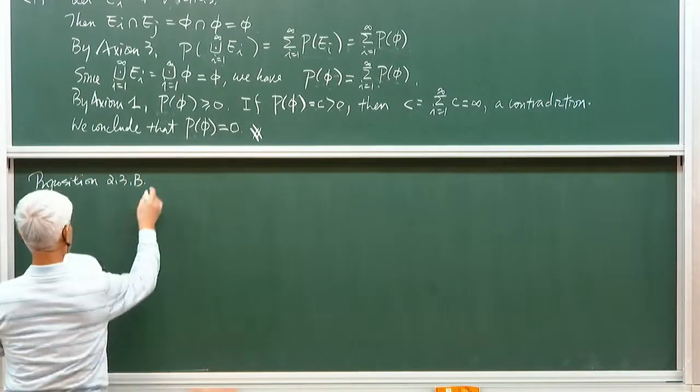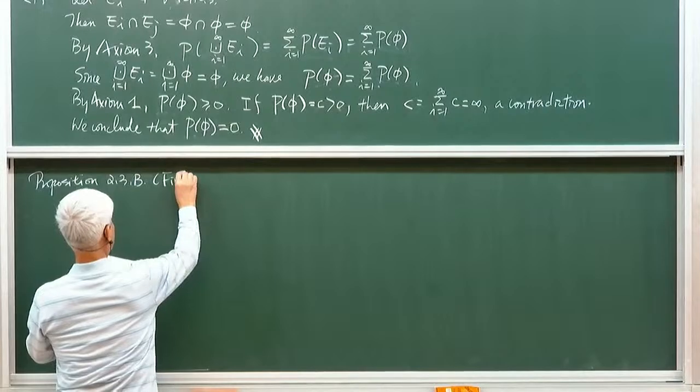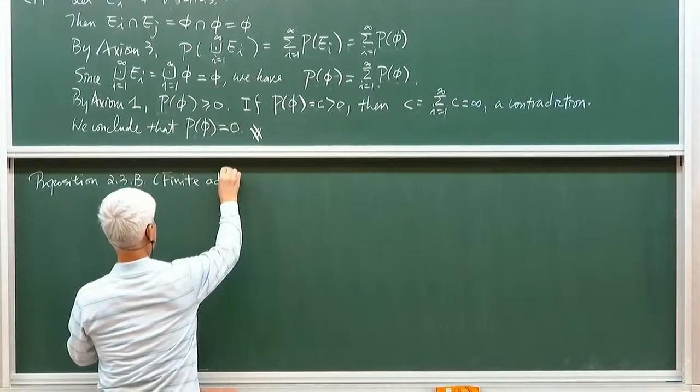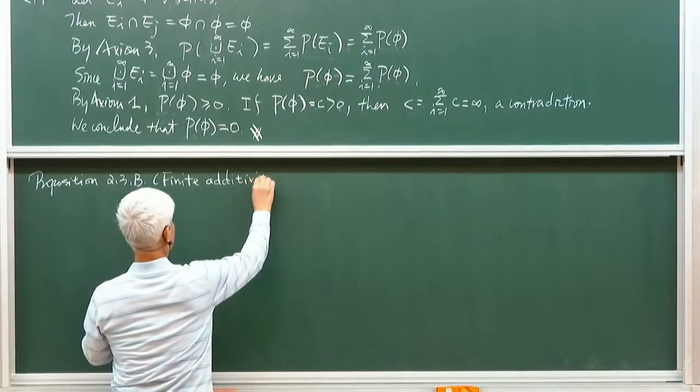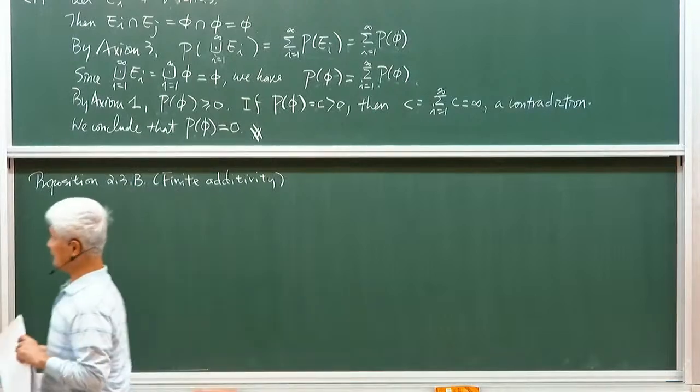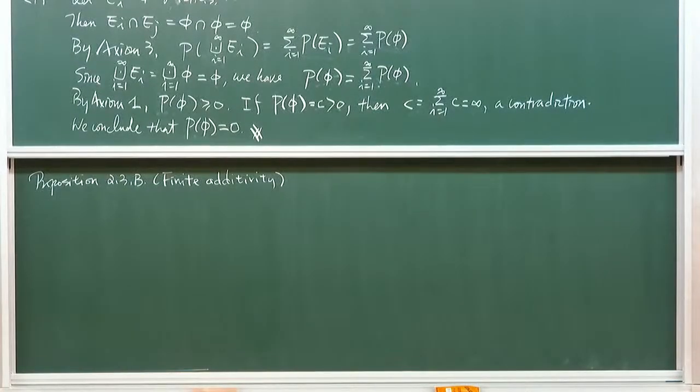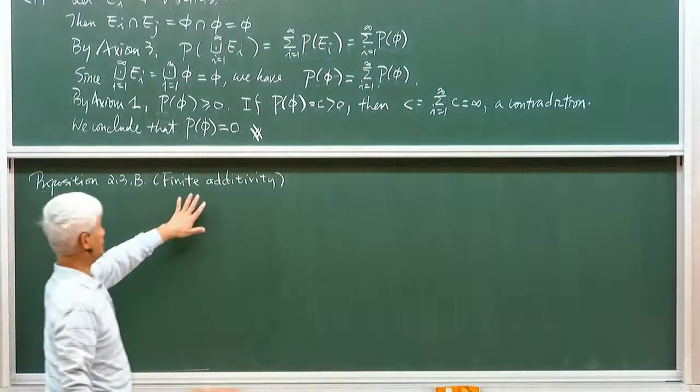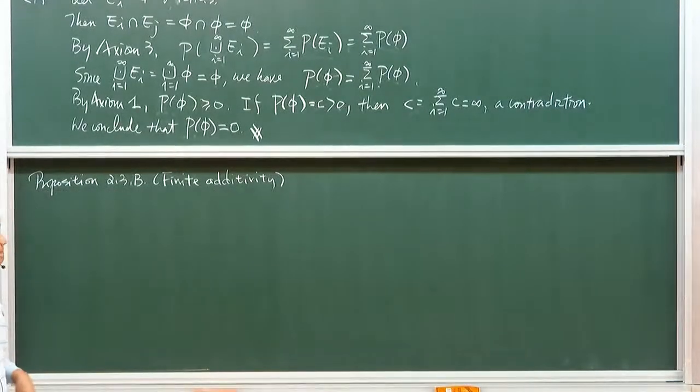the second one is called finite additivity. Finite additivity is a specific version of axiom number 3, and it is very useful in many computations.